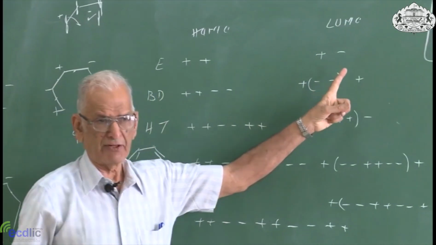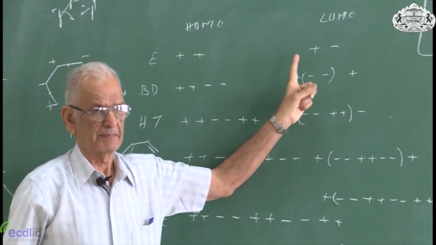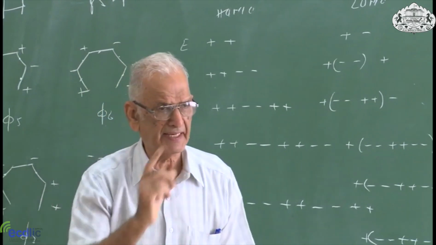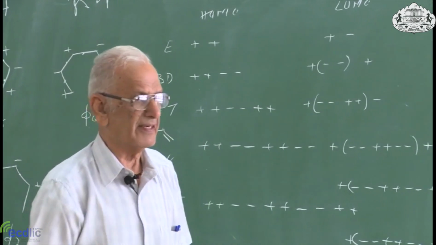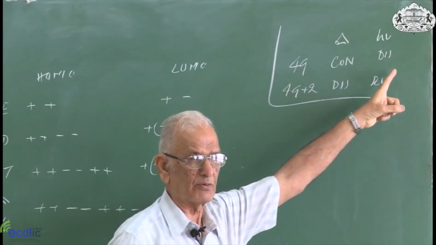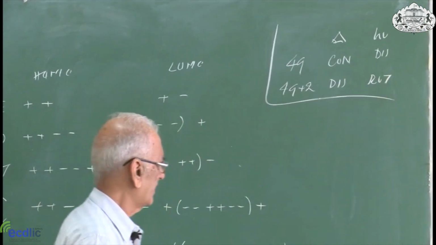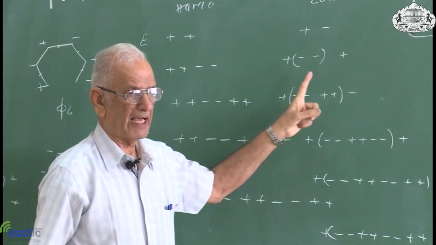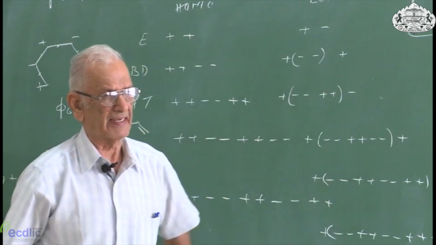What are the signs of the end orbitals? Both have the same sign. What did we say? If both have the same sign, reaction is going to be disrotatory. So, the 4 electron photochemical reaction is going to be disrotatory. In the 6 electron, end orbitals now have opposite sign.